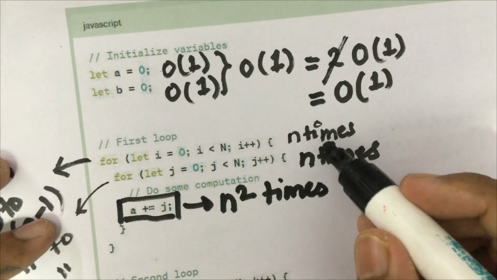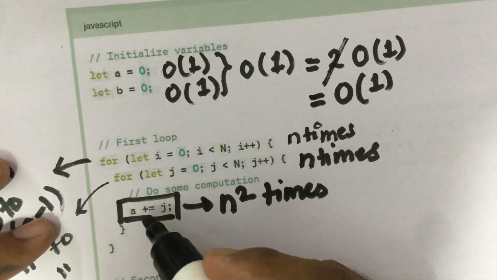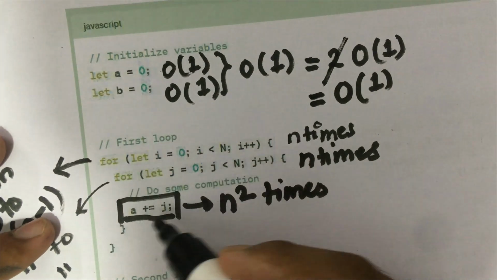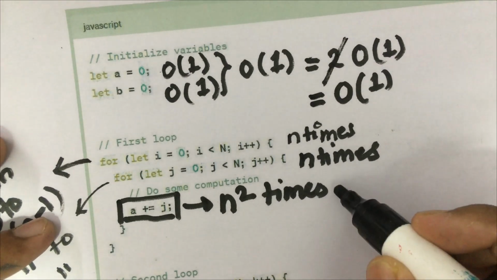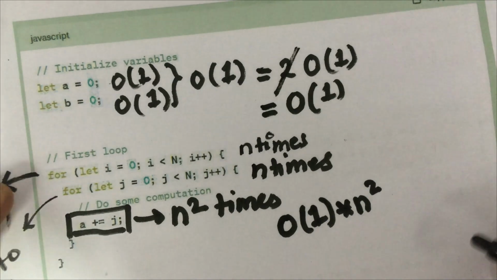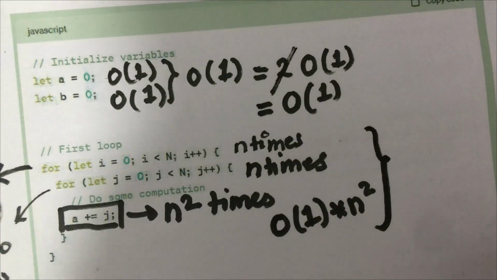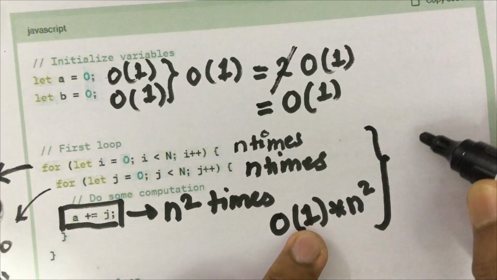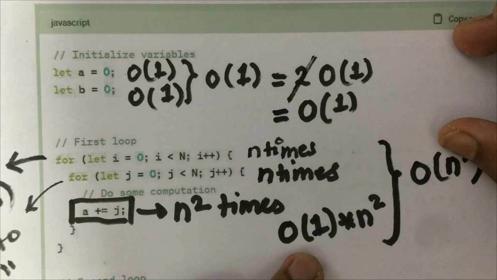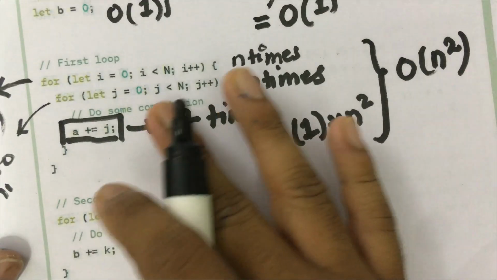So the big O of this one would be O(n), and the big O of this one would be O(n), and the big O of this very statement, which is inside the core of this for loop, would run n square times. That is O(1) times n square times. If you take out the entire statements, big O would come out to be O of n square. So here in this fragment we got O(1), and in this fragment we got O of n square. Hopefully this was understood.